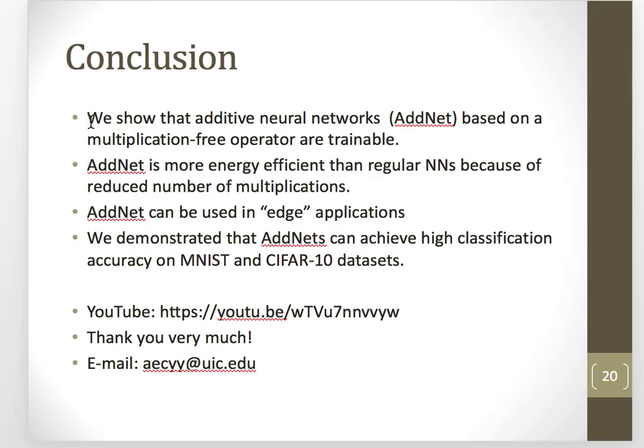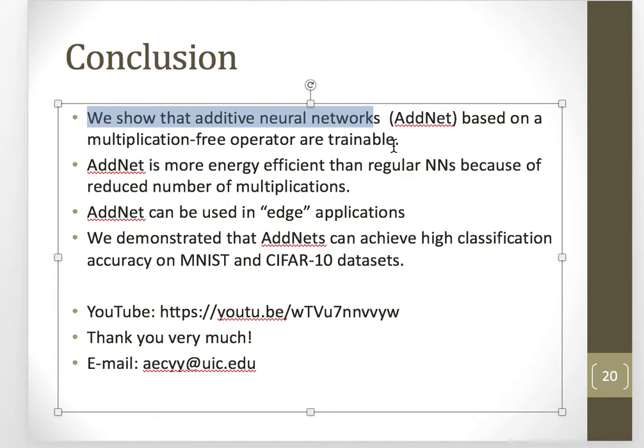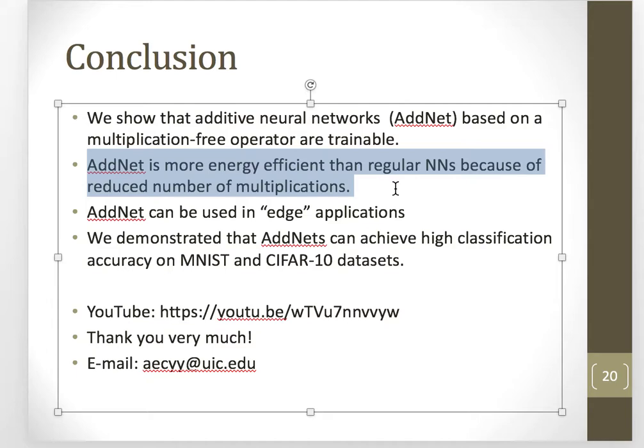So in this talk, we introduced additive neural networks, and we constructed them using this multiplication-free operator, which leads to a non-Euclidean vector product. And that's how we construct our neurons. AddNET is more energy efficient than regular neural networks because of the reduced number of multiplications.